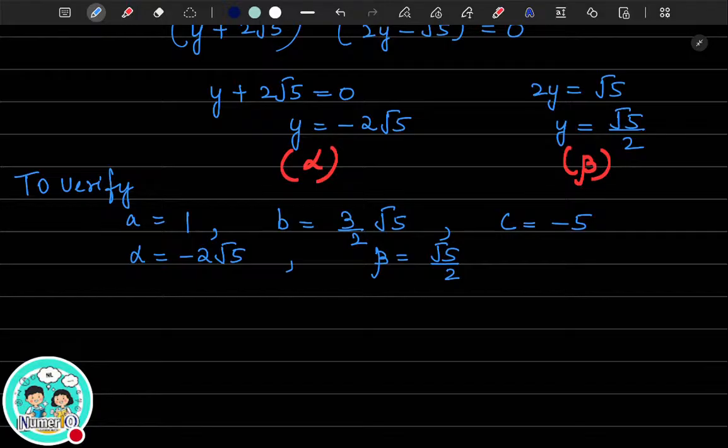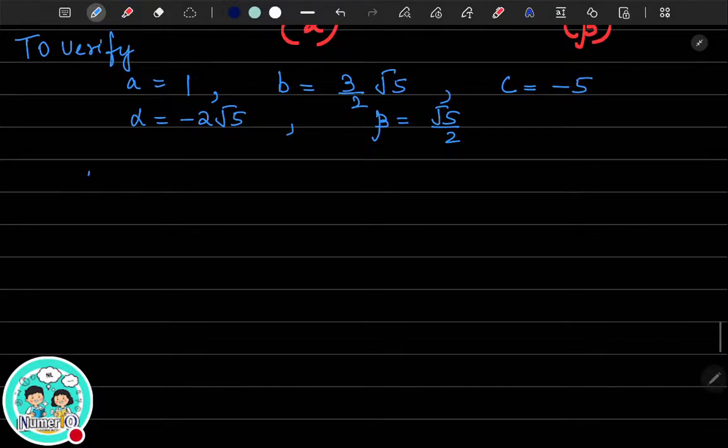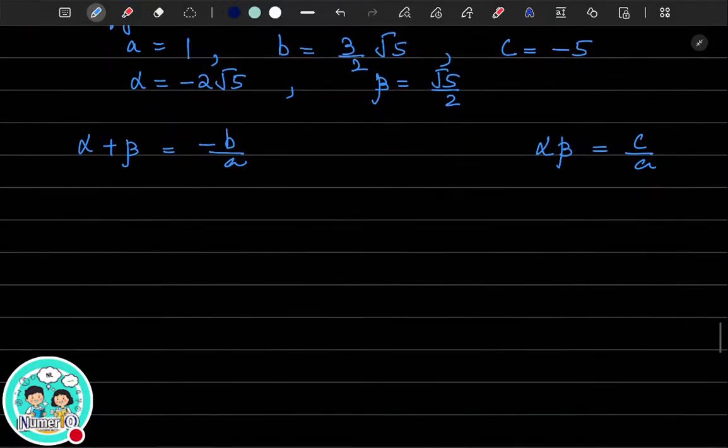Right? Okay, so let's verify. Alpha plus beta is equal to minus b by a is one formula, and alpha beta is equal to c by a is another formula. So we are almost done. Just one more question. So let us substitute the values.